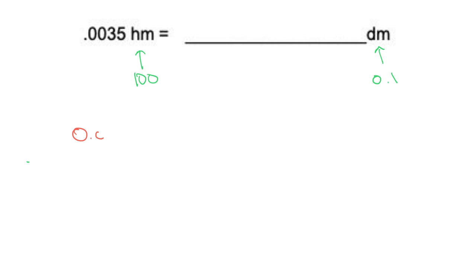So 0.0035 hectometers times, in 1 hectometer, we find 100 meters. And so this will cancel out hectometers and I'll be left with the unit of meters.